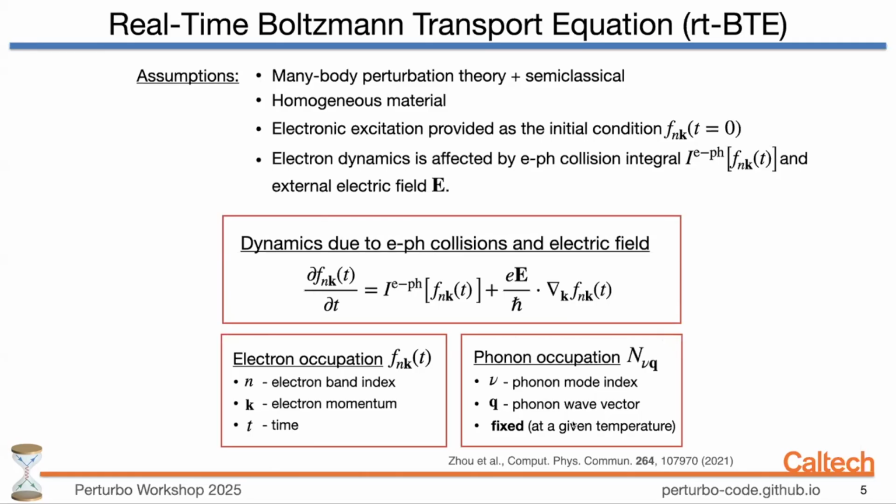So for the current release, the N_νq is fixed, independent of time, and is given by your initial phonon bath temperature and a Bose-Einstein distribution of that. But in a future release, we hope to incorporate time-dependent phonon populations as well, so you can see the phonon drag effects.